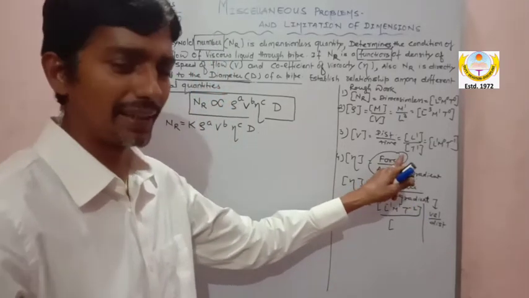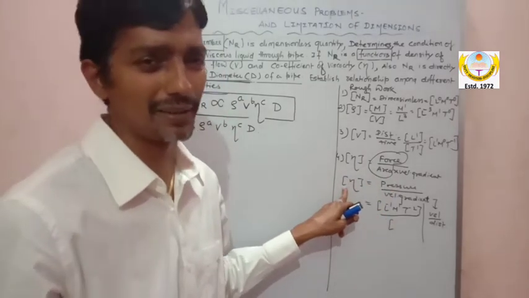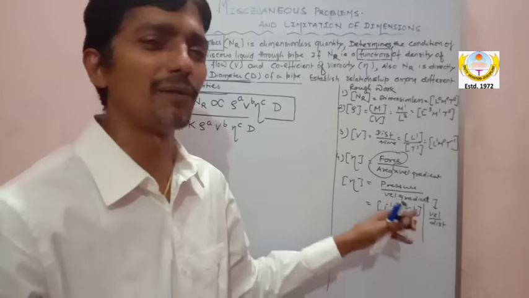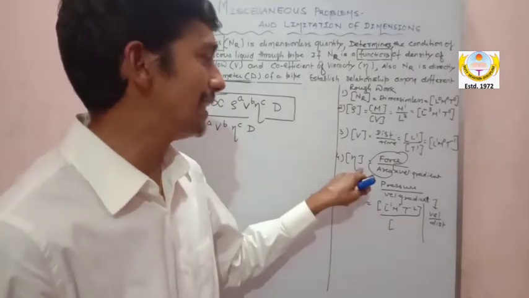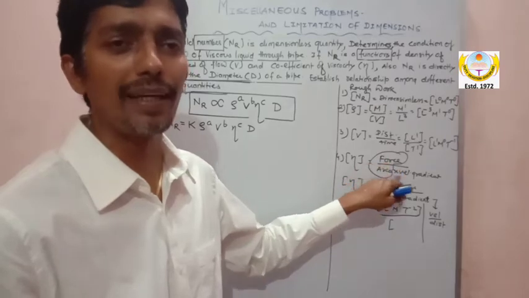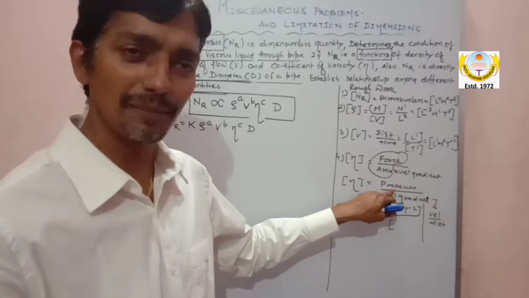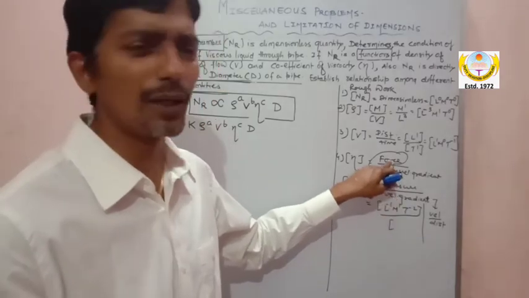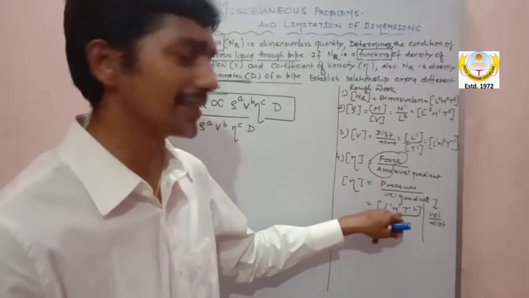See, first I have written this, and till now you should have learned these dimensions. But still, if you don't know, then eta has the formula force upon area into velocity gradient. Force upon area is pressure, or you can write the dimension of force and the dimension of area, and when you solve, you will get this.